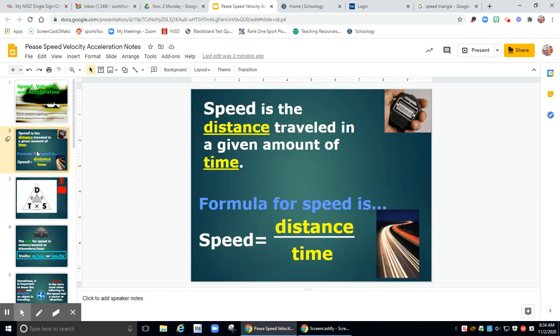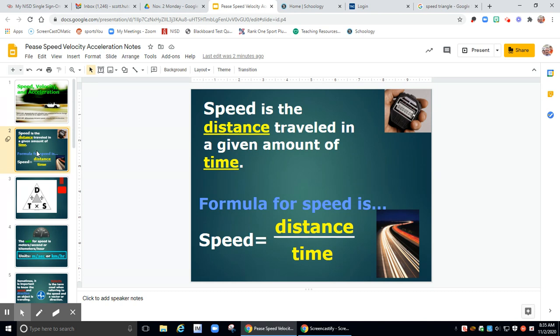Now, speed is something that you all see all the time in your parents' cars. They've got the dial on the car called a speedometer that tells what their current speed is. When you look on the road, you see signs all the time that tell you what the speed limit is.